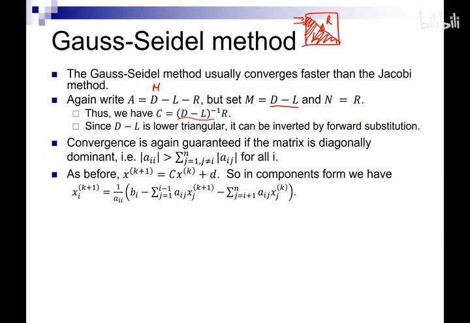Now what is the benefit of doing this? This is different from the Jacobi method, and the claim is that the Gauss-Seidel method is more accurate because it converges faster than the Jacobi method. Why does it converge faster?